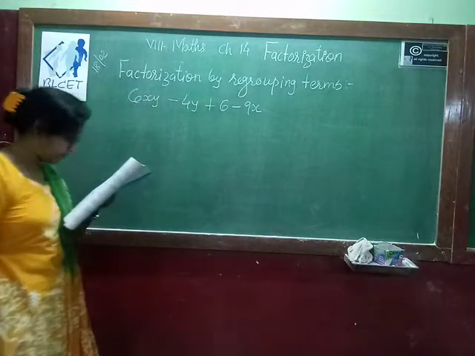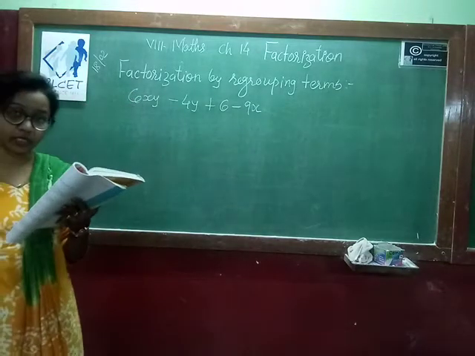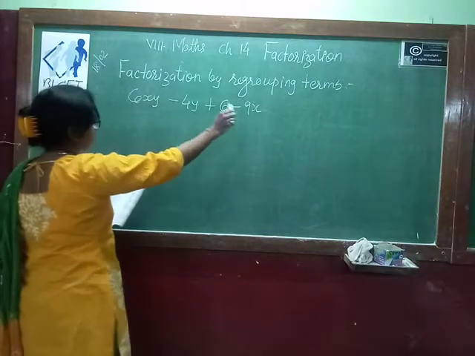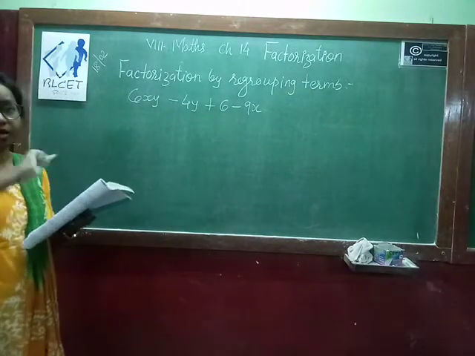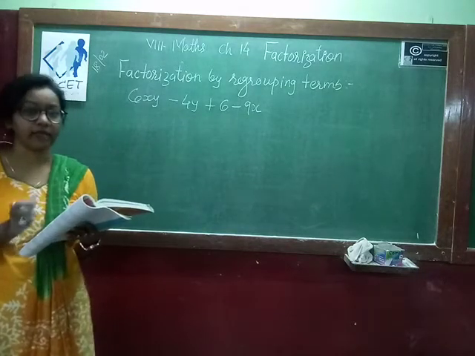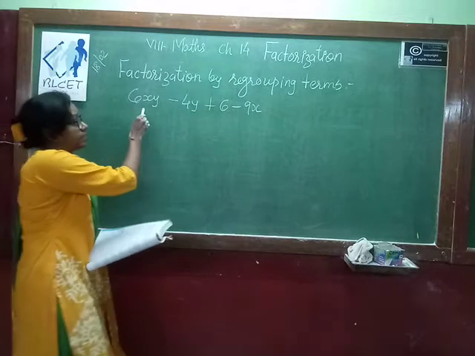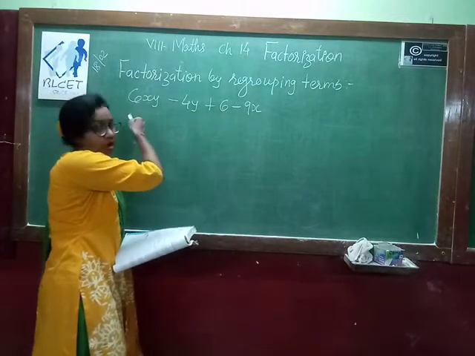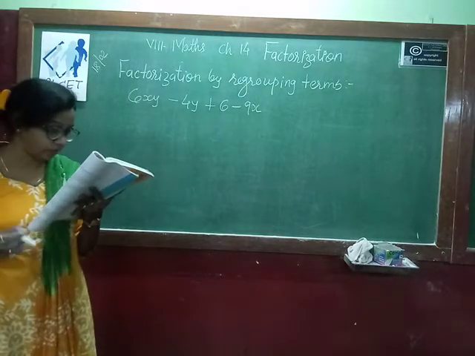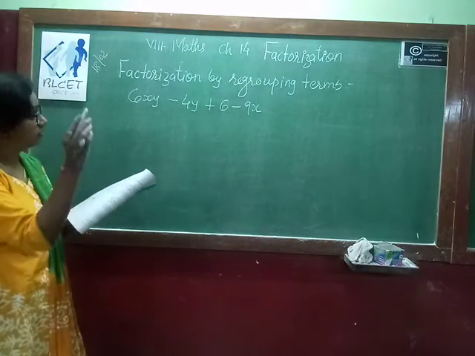Step 1, check if there is a common factor among all terms. Consider all the terms 6xy, minus 4y, plus 6, minus 9x, and find whether any common factor is there. No, because from 6, 4, 6 we get 2 as common, but from 9 we cannot get any common factor. So we have to consider the question the same way.